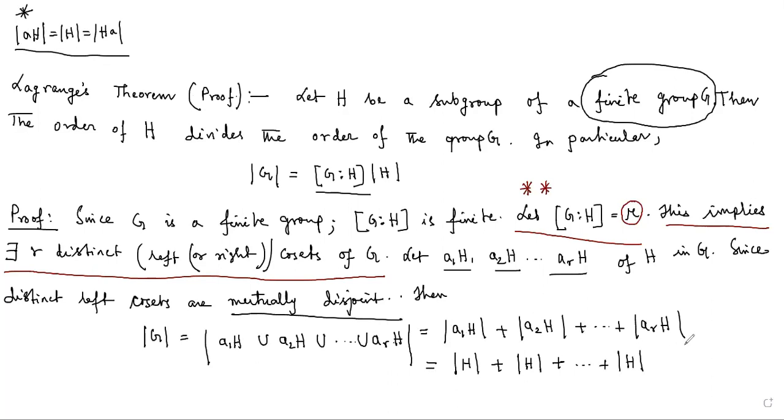So how many left cosets are there? There are r number of left cosets, and therefore r number of cardinality of H's are there.